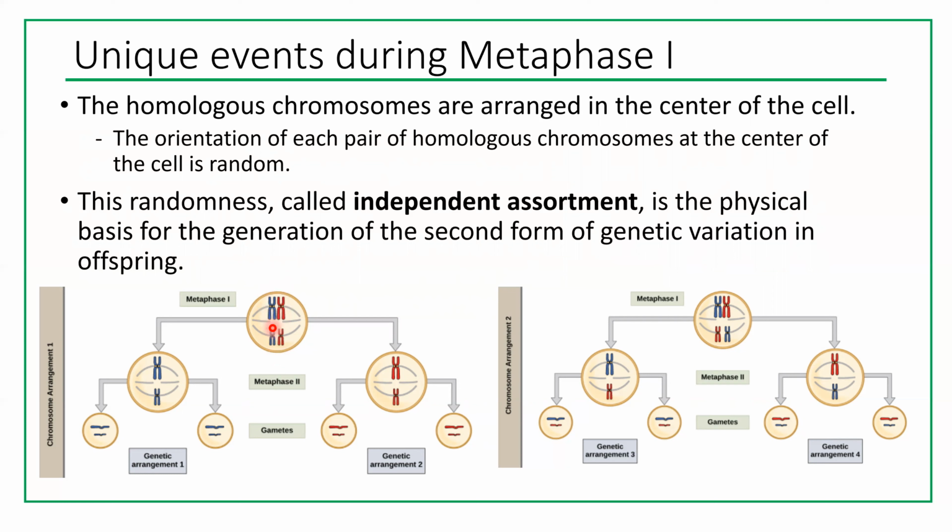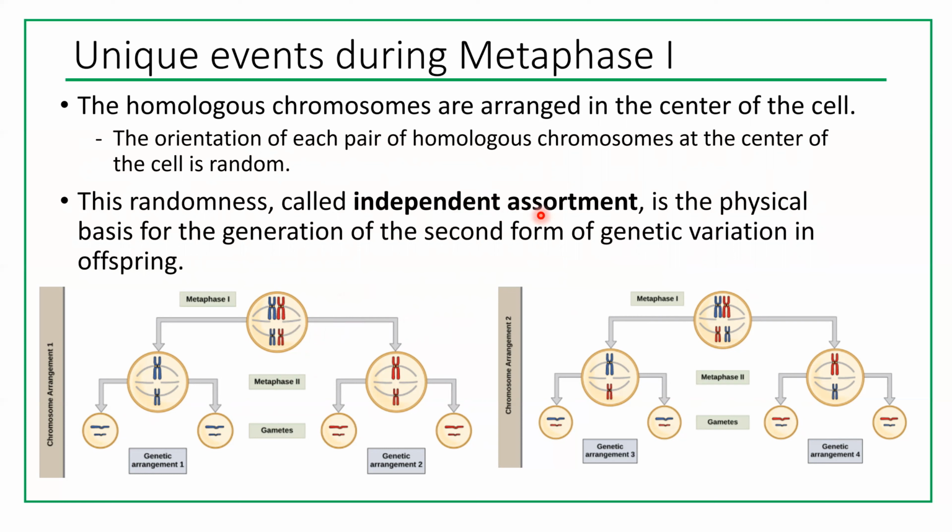What's shown here is the blue from dad on the left and red from mom on the right, but look over here, it can be arranged in a different manner. It can be blue and red on one side and red and blue on the other side. So that arrangement is random, and this randomness is called independent assortment. Because we're going to split these chromosomes between daughter cells, how we split them is random.